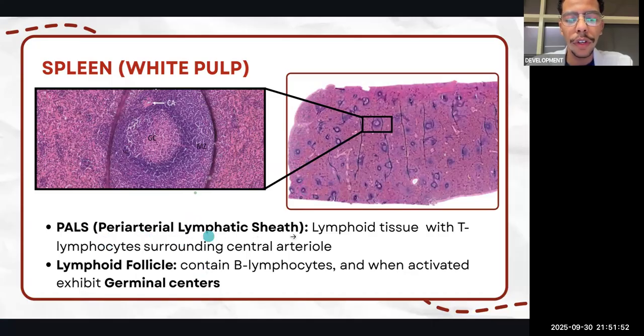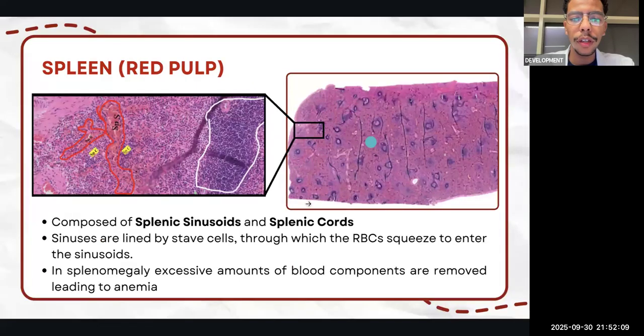The periarterial lymphatic sheath is basically lymphoid tissue that has T lymphocytes surrounding the central arteriole. The T lymphocytes clean up the blood in the central arteriole, in the white pulp. Then when it goes into the red pulp, it gets further cleaned and processed, and then it can go back to the rest of the body.